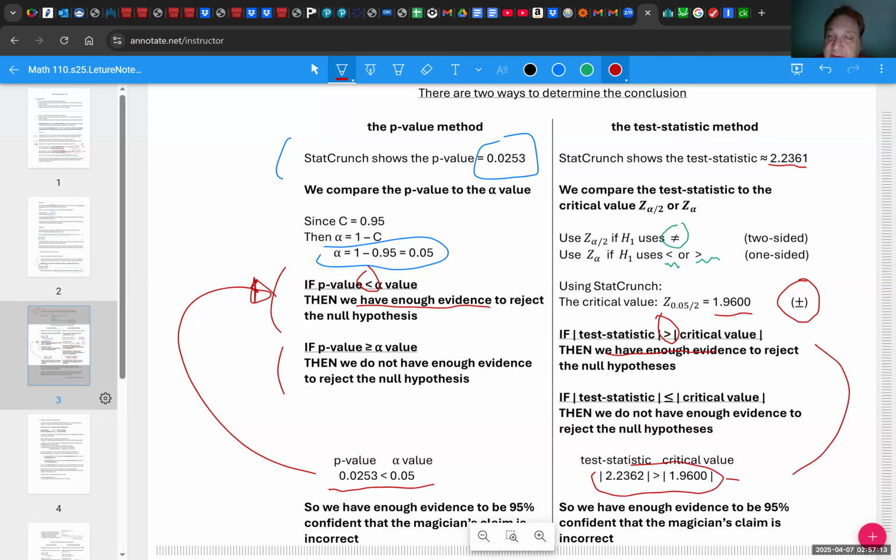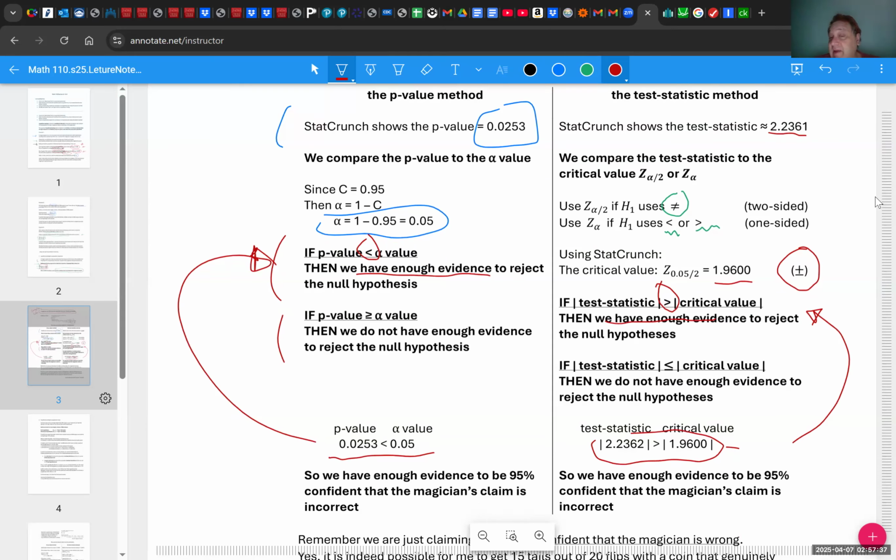So if you look back up here, this is where the greater than sign applies: if the test statistic is greater than the critical value, then we do have enough evidence to reject the hypothesis, exactly like we concluded using the p-value method. And our conclusion is exactly the same. Now we have enough evidence to be 95% confident that the magician's claim is incorrect.